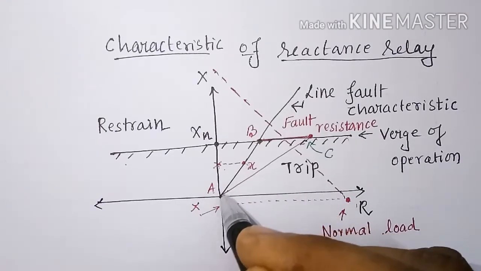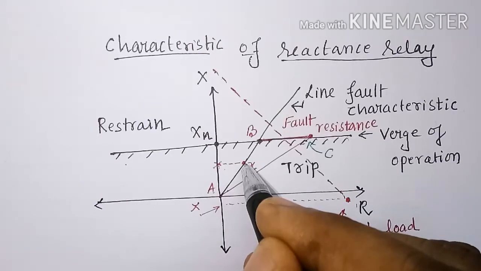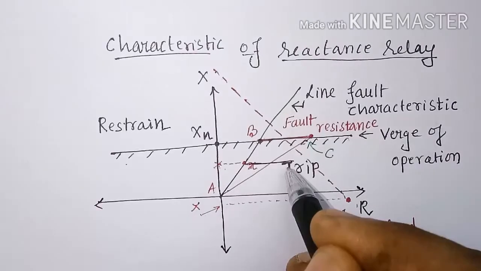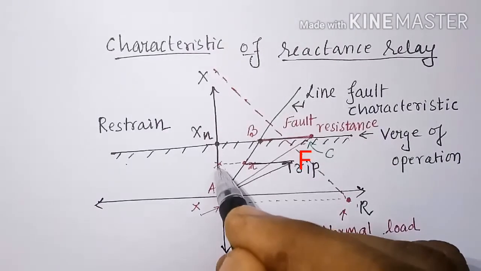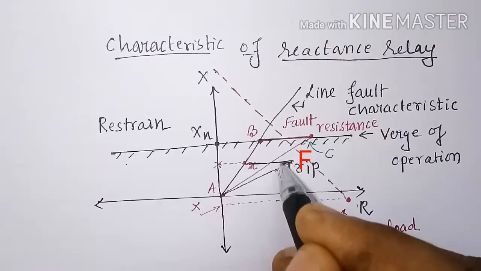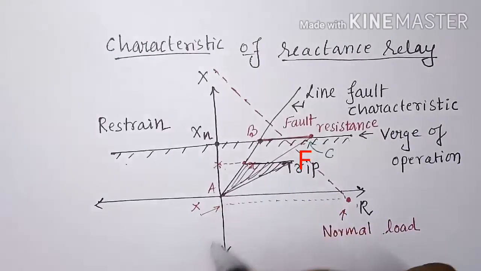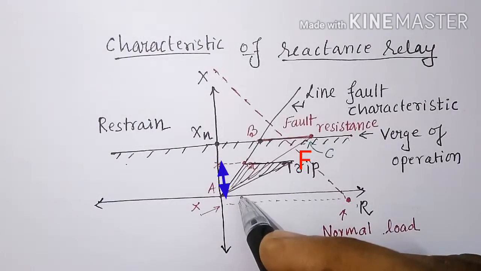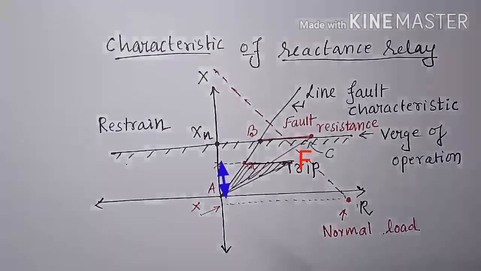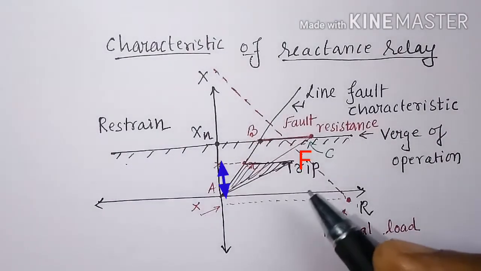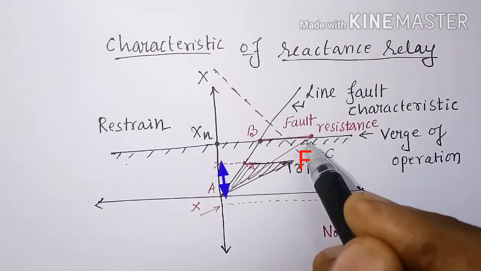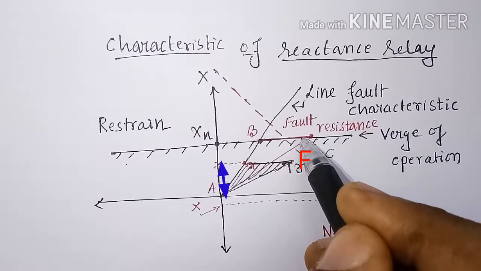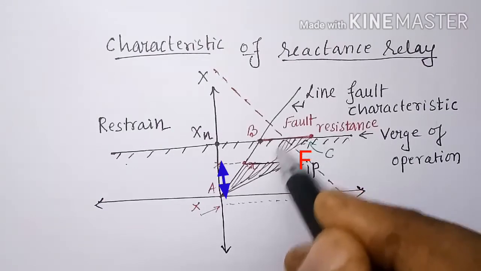Then the impedance of the fault section becomes, say, AF, but the corresponding reactance of the new impedance is still within the reach of reactance relay, similar to the previous case.